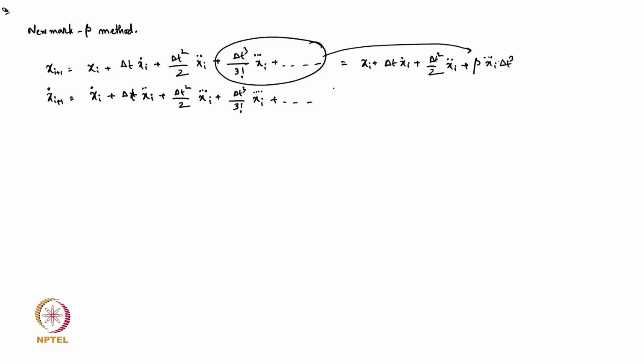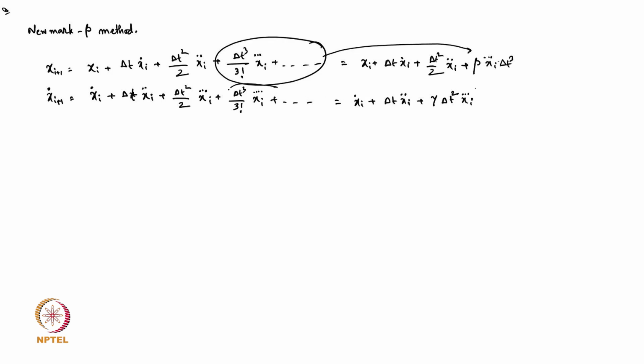And the bottom one is also written as x i dot plus delta t x i double dot plus gamma times delta t square into x i triple dot.